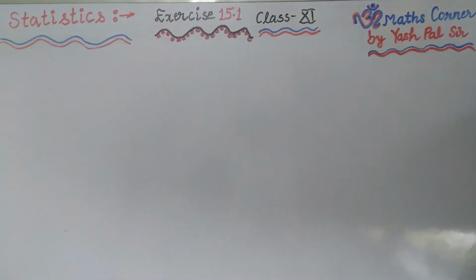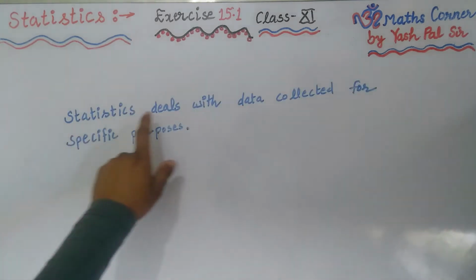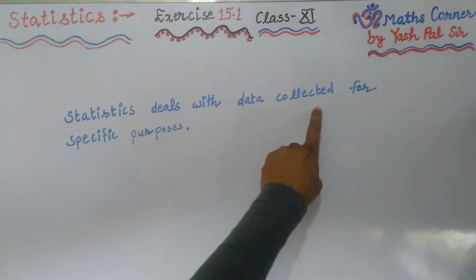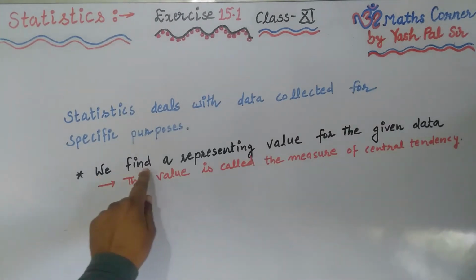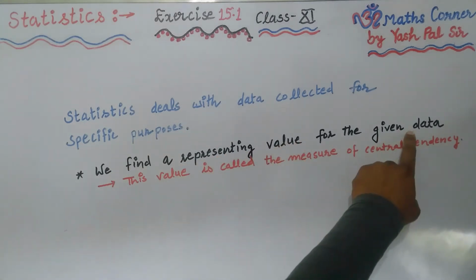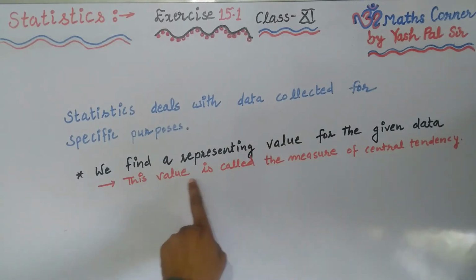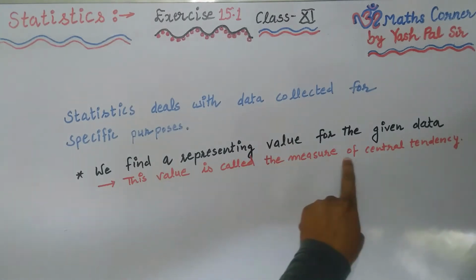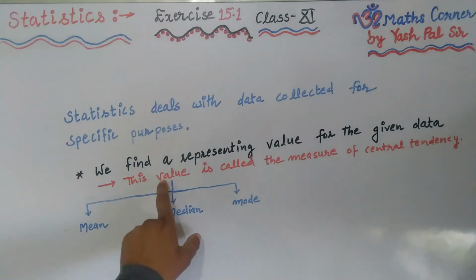First of all, the very introduction. Statistics deals with data collected for specific purposes. Here we find a representing value for the given data, and this representing value is called the measure of central tendency.